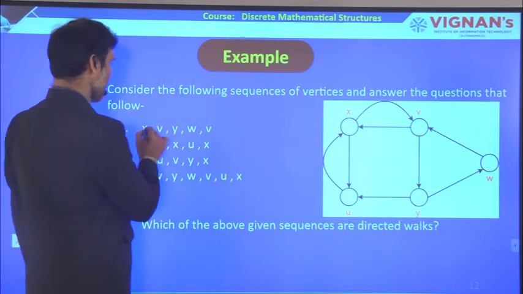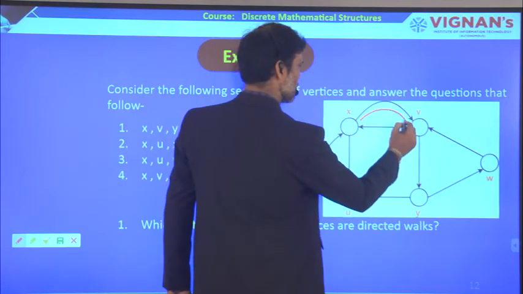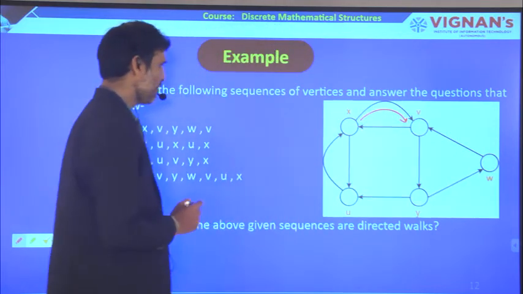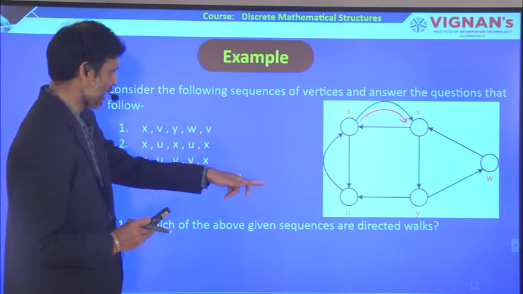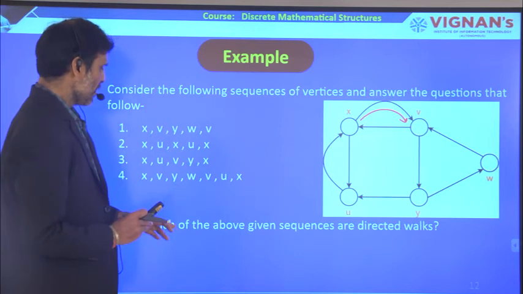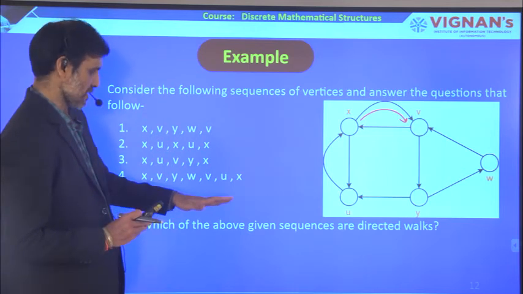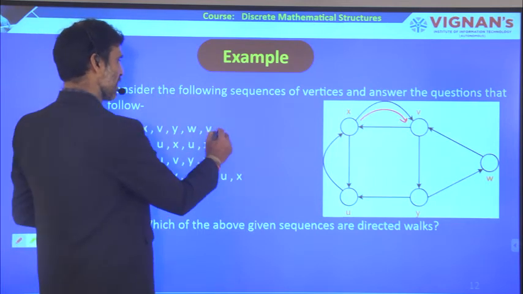So the first one, x to v. Here x to v is the given direction, then v to y, y to w, and w to v. Which of the above sequences are directed walks? Now let us check whether it is a walk or not first.